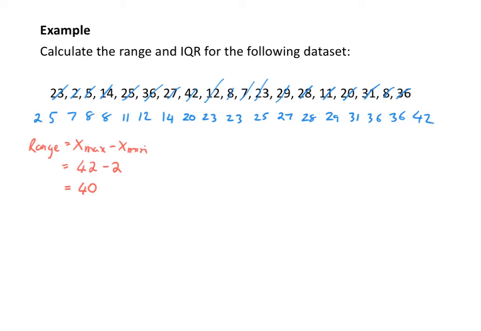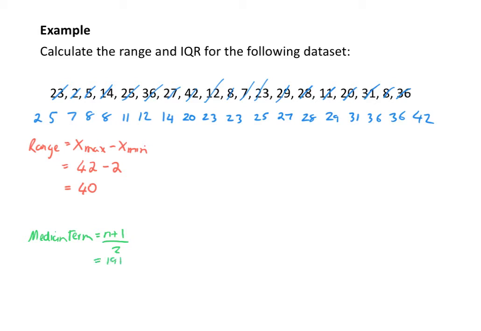So next I want to calculate the interquartile range. Now the easiest way to do that is to split the data set into two, but before I do that, I need to find the median or the middle of the data set. So I can do that using the median formula. So my median term is going to equal n plus 1 divided by 2. So there's 19 numbers in my original data set.